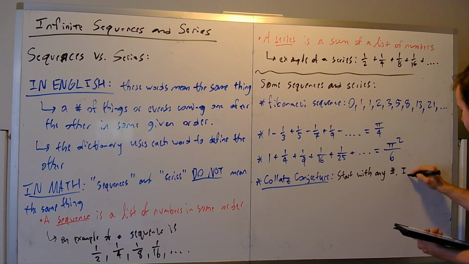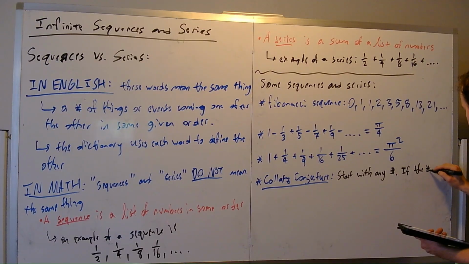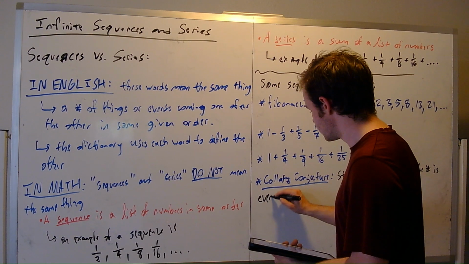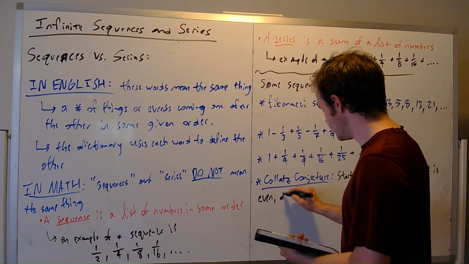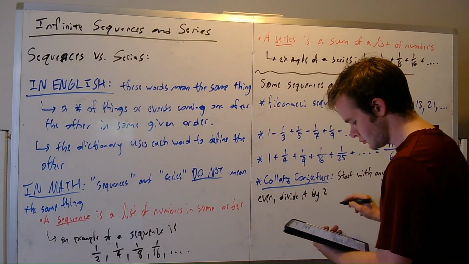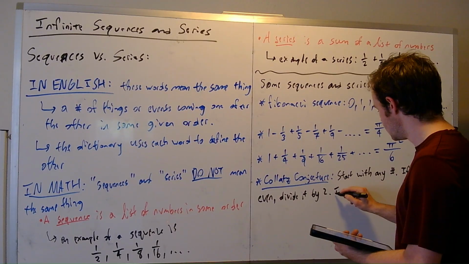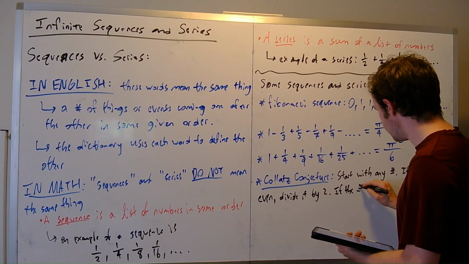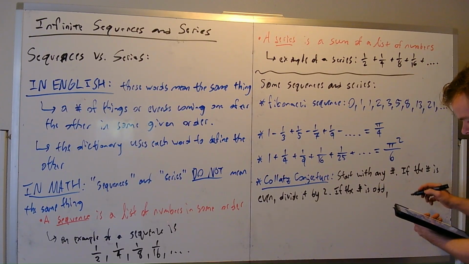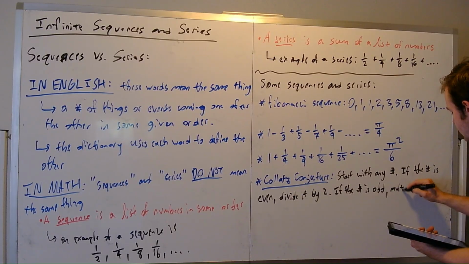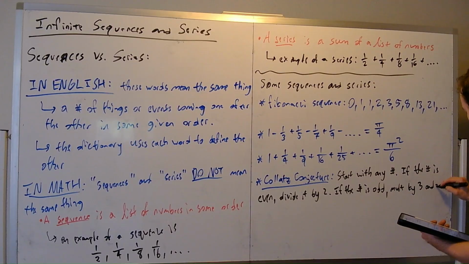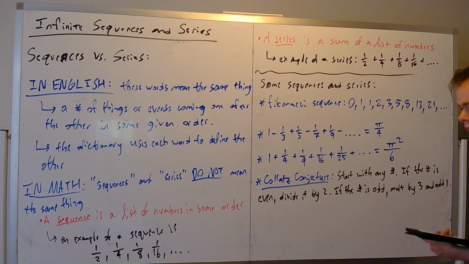If the number is even, divide it by 2. And if the number is odd, multiply it by 3 and add 1, right?